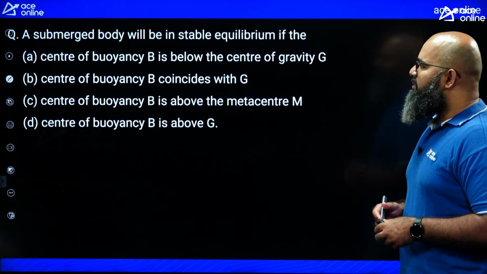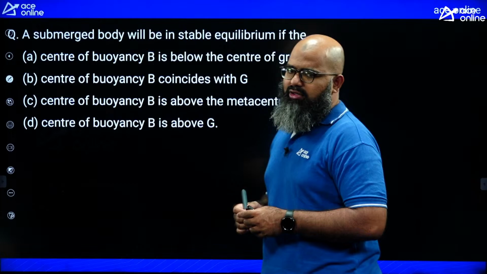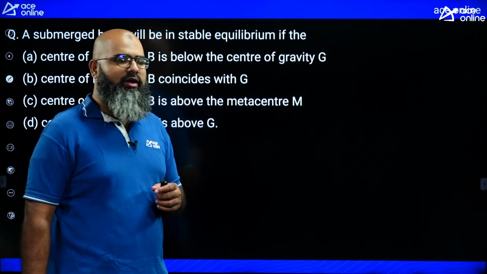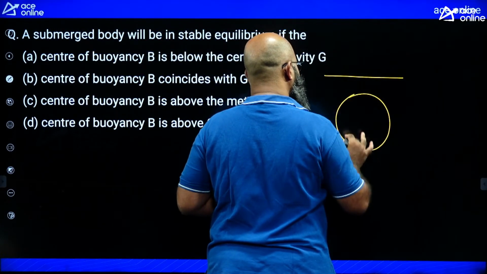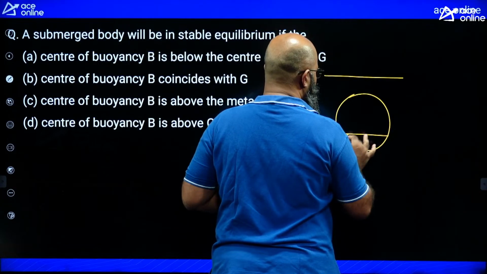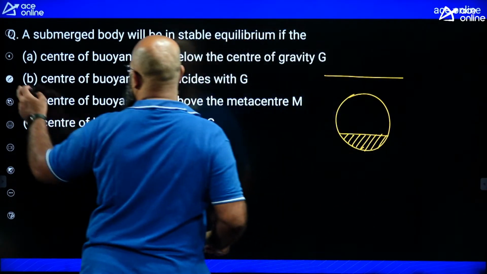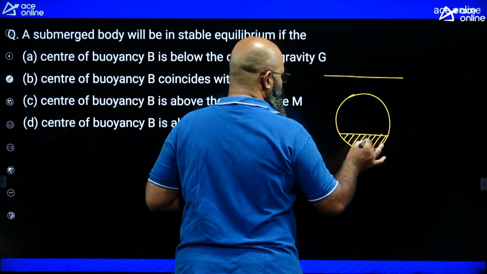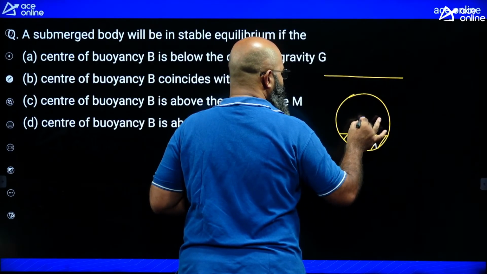Next. A submerged body will be in stable equilibrium if, you see, there are two types of bodies. Let us recall, one is a floating body, one is a submerged body. When it comes to a submerged body, for it to be in stable condition, its center of gravity is supposed to be below the center of buoyancy.